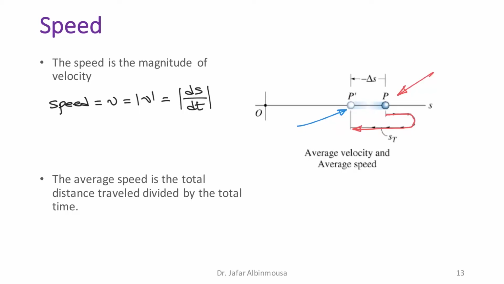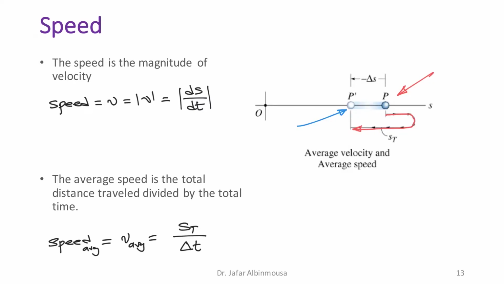So if you want to define the average speed, then we write it like v average, and it is basically s_T divided by delta t. What is s_T? s_T is the total distance traveled, all of this red path, divided by the amount of time.